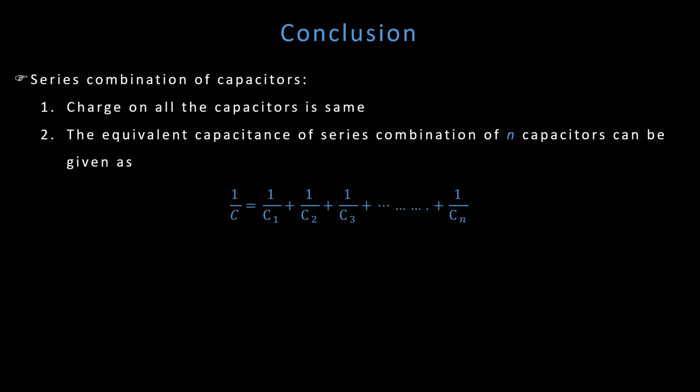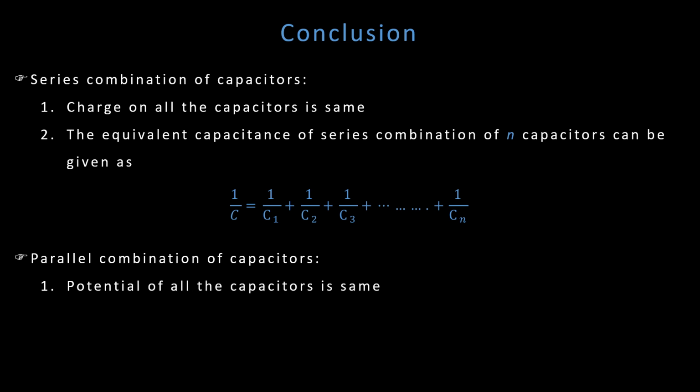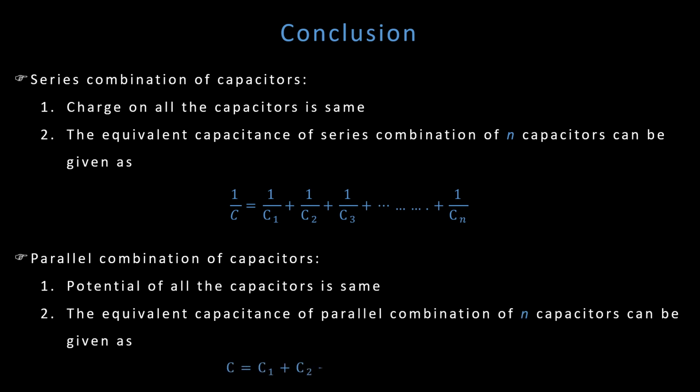Similarly, in case of parallel combination of capacitors, we now know that the parallel combination is when capacitors are connected in such a way that all the capacitors have the same potential across them. And in this case, equivalent capacitance can be given as C is equal to C1 plus C2 plus C3 up to Cn.